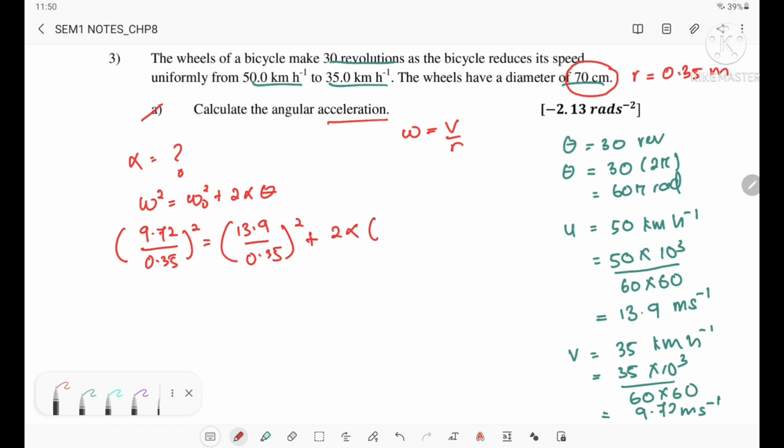We already converted into radian times 60 pi, and then rearrange, we get alpha equal to minus 2.13 radian per second squared. Please take note, make sure you write down the correct SI unit.